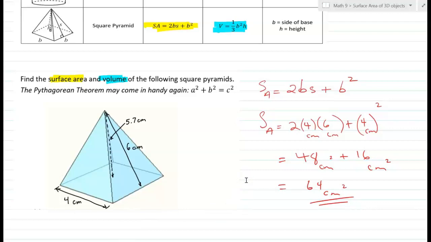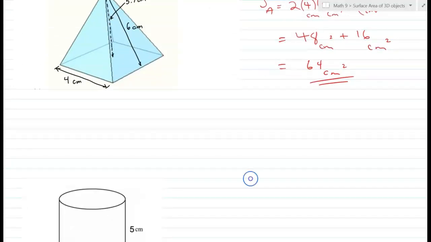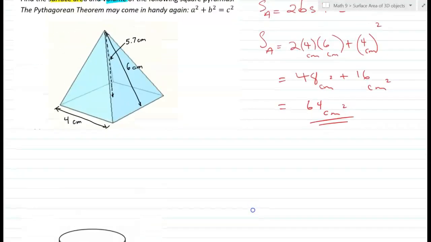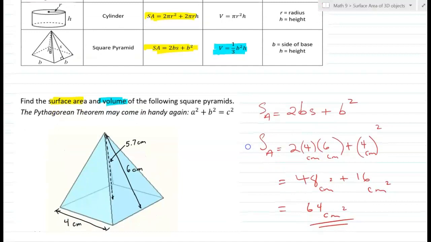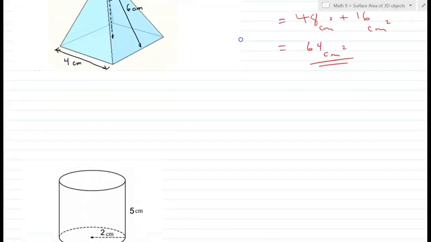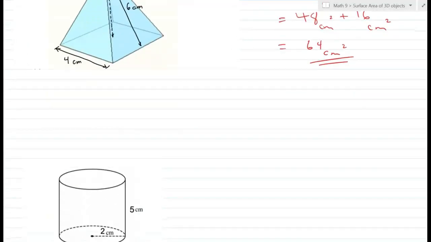So the next one we are going to focus on is the cylinder. And just go back to the formula again. Here we go. I just want to make sure this is the surface area formula for the cylinder, 2 pi r squared plus 2 pi r h. All right, so let's make sure that we know what that is.